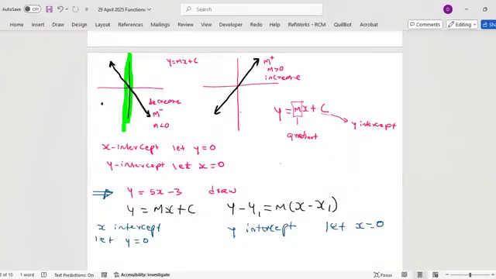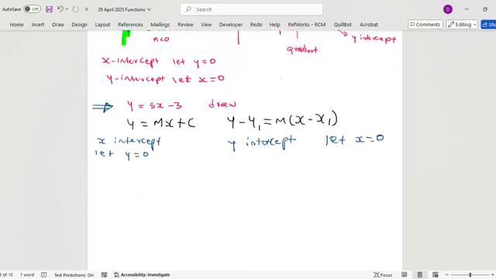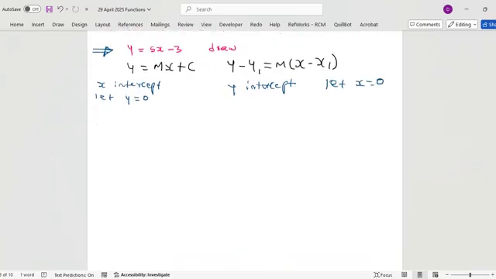That's why I'm saying let that be 0 in space of x. So you take the same equation that is given to you, y equals 5x minus 3.